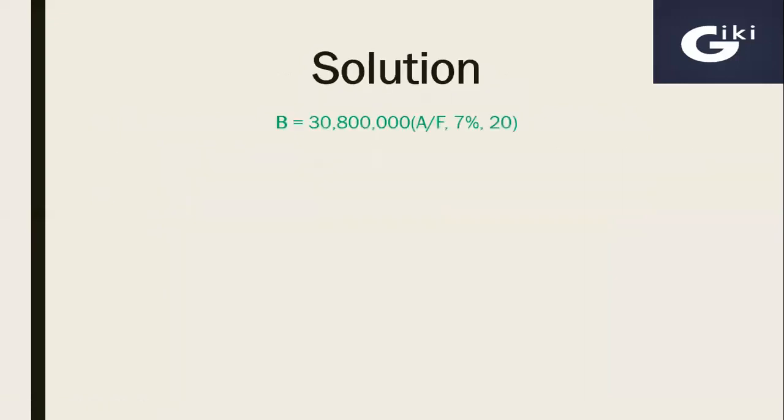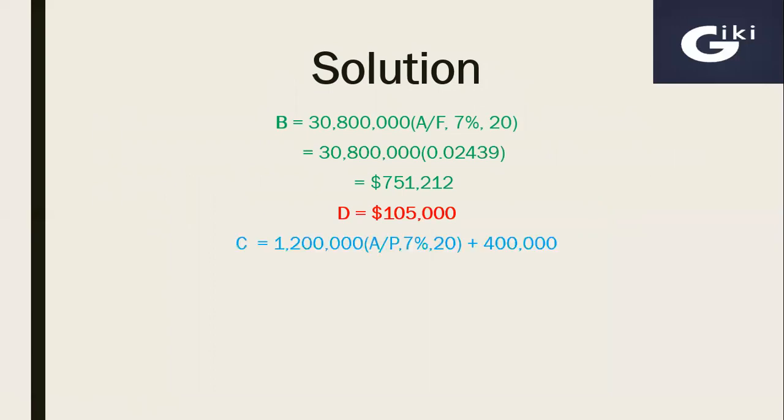So here we are converting future worth of benefits into annual worth of benefits by using A over F factor for 7% and 20 years. So factor value is 0.02439, and the annual worth of benefits will be $751,212. Then the disbenefits are in annual terms, $105,000, and similarly we need to convert cost into annual terms by using A over P factor for 7% and 20 years for initial investment, and by adding 400,000, which is annual operating cost, in that component of the cost.